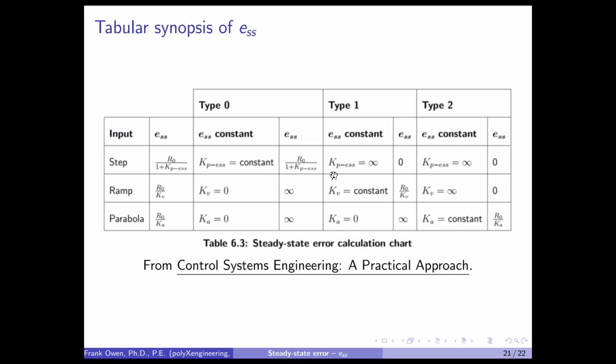Now, if we look at this table, back off and look at it a little bit, notice that the diagonal elements are all constants. But what we have down here in this region is a simple system with more complicated inputs. And that means the steady state error is going to be infinite.